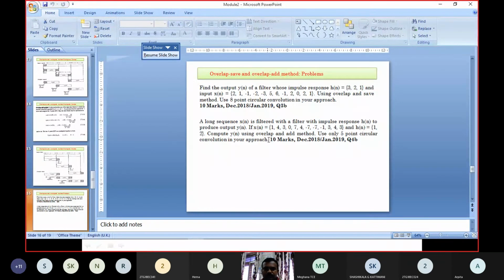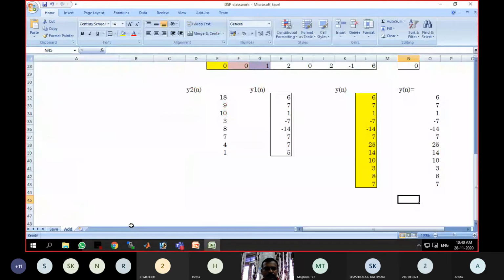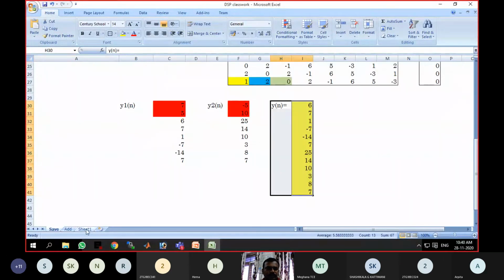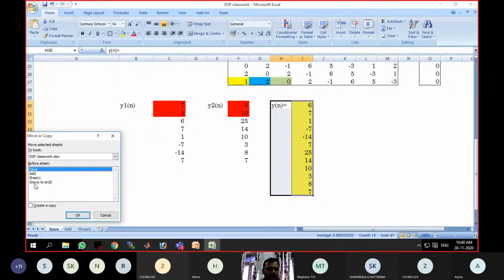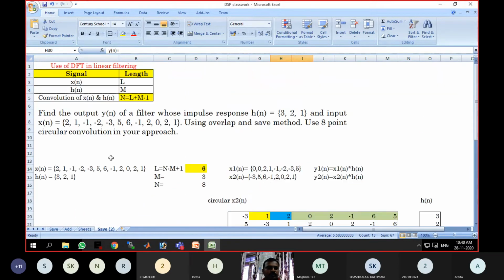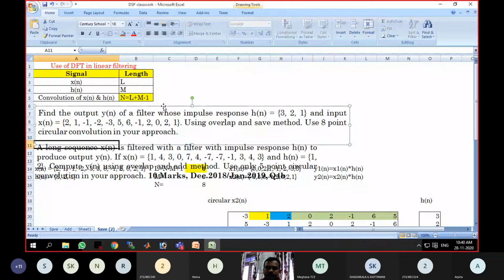Let me copy this one first, then put it here, and remove the previous one.